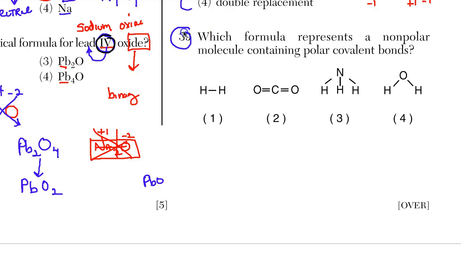Number 39, which formula represents a nonpolar molecule containing polar covalent bonds? Whoa, I love this question. Okay, a polar molecule is going to be a molecular compound. It has a definite shape, and it's going to have more electron density on one side of the molecule than others.